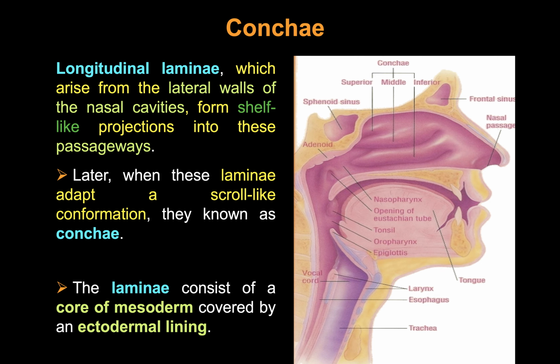Usually from outside this lamina is surrounded by ectoderm, and this ectoderm later will differentiate into the respiratory epithelium, which is a typical pseudostratified columnar epithelium, whereas the core, which is in the middle of this lamina, is mesoderm. This mesoderm at the beginning will differentiate into cartilage through formation of the primary ossification center, and later this cartilage will undergo endochondral ossification, and the cartilage will be replaced by bone.